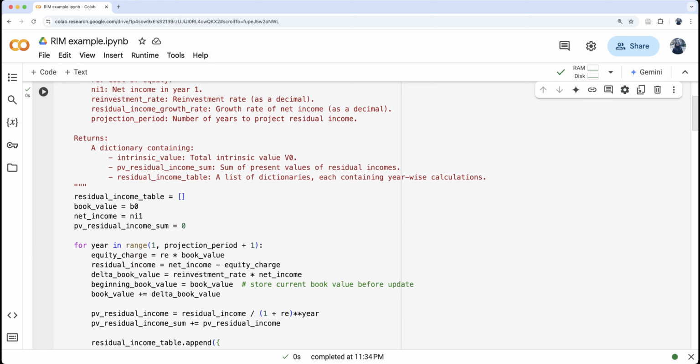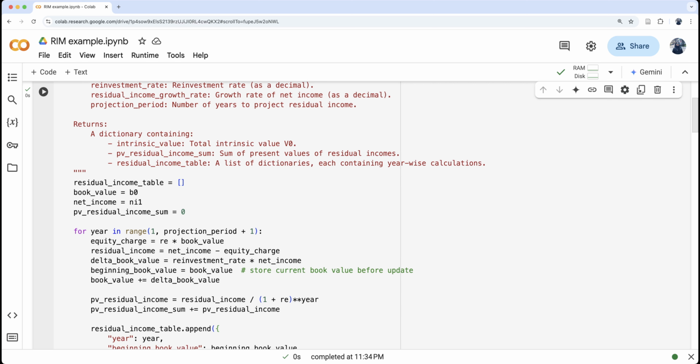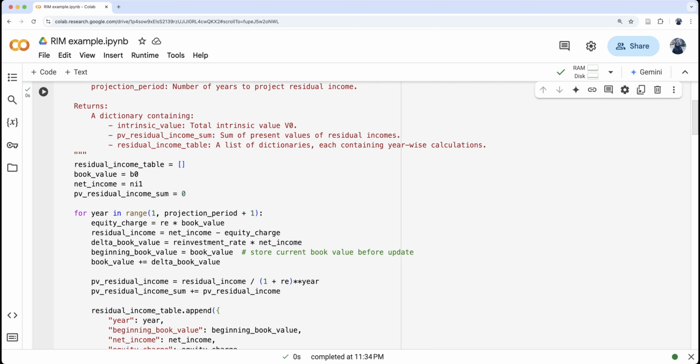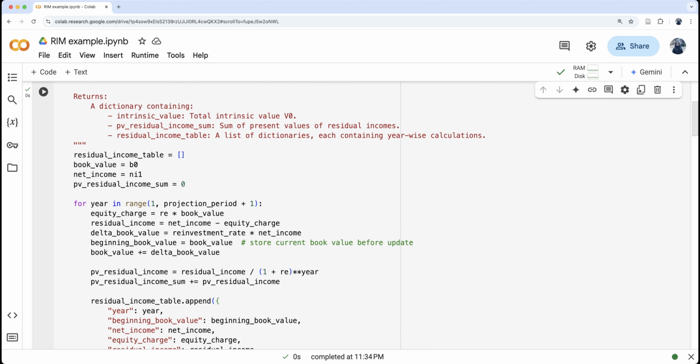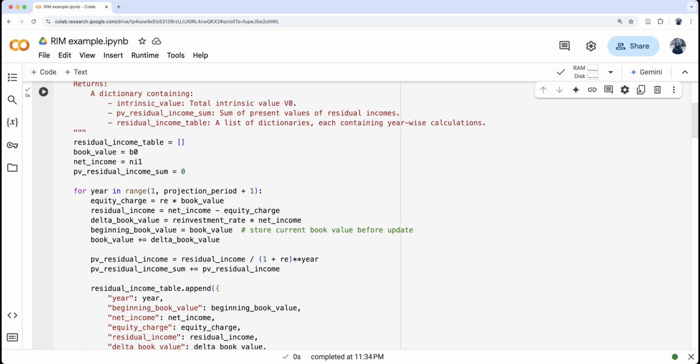So the residual income table is currently empty, the book value is B0, net income is I1, and PV residual income sum is zero. For every year starting from year 1 to projection period plus 1, because of the way Python's range works, it ends at 5, so we should add plus 1.